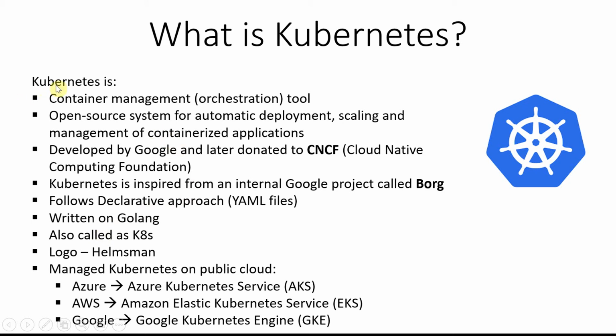Another thing, Kubernetes is also called K8s. Between the K and the S there are 8 characters, that's why it's K8s. Many people call it K8s because the name is very long. And the logo of Kubernetes is like a ship's wheel, which is the one that guides a ship or a boat.